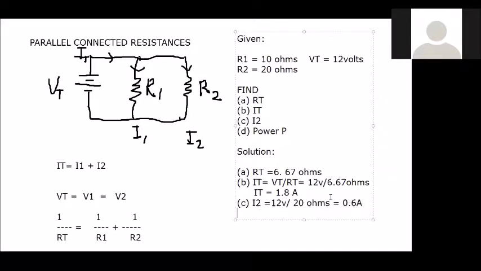For letter D, we will find the power. Power is simply equivalent to V total times I total. The total voltage is 12 volts, times the total current of 1.8.